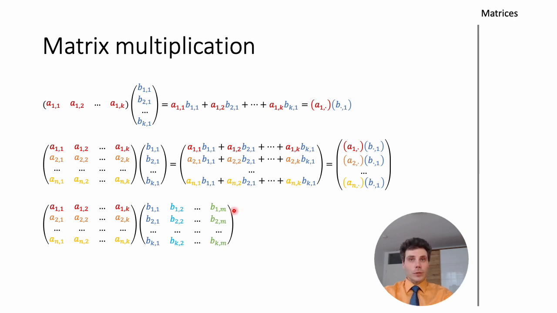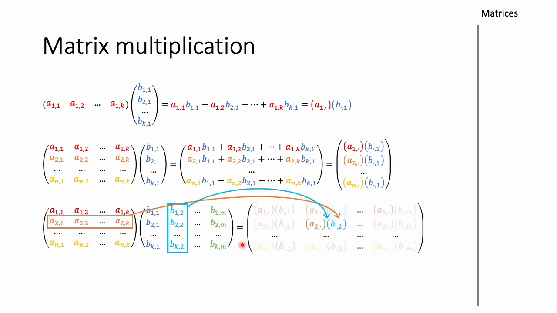And then what should we do? We should repeat the same operation as here, but apply it to every column of the second matrix independently and essentially just stack the results horizontally in the output, like this. We select a row here and a column here.